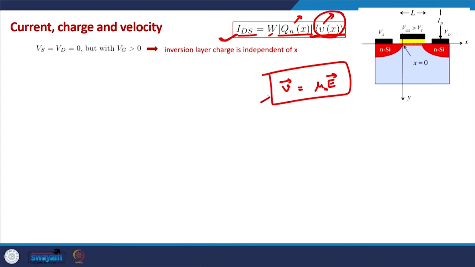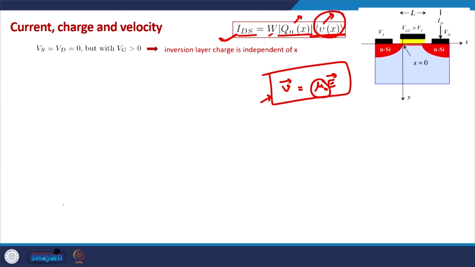This is true for long channel MOSFETs, but as we have seen in our previous discussions, the notion of mobility breaks down for ballistic transport or for mesoscopic devices, and that is why we need to take a bottom-up approach. But let us quickly see how the IV characteristics looks in a traditional MOSFET.